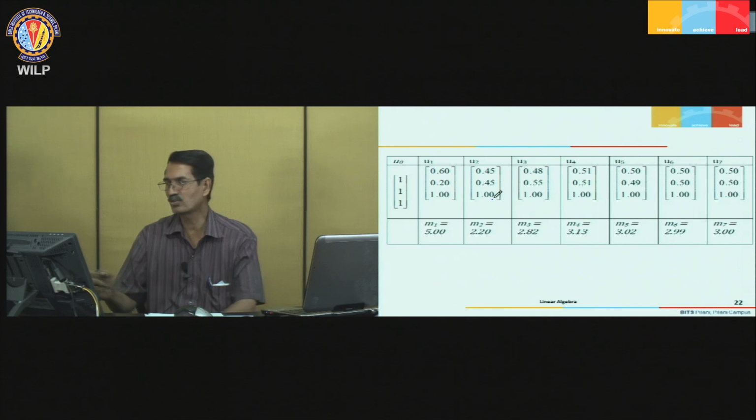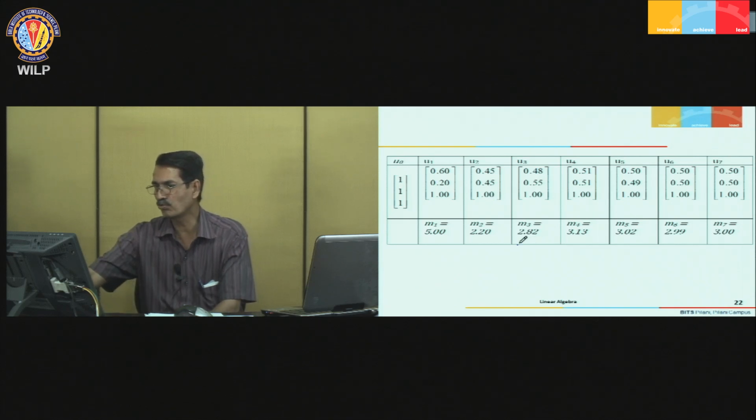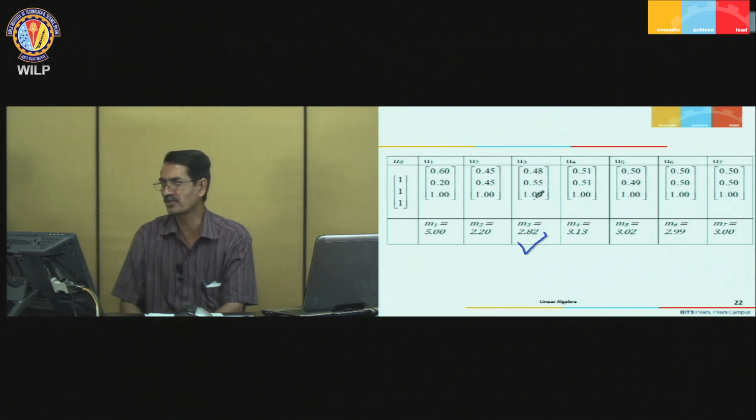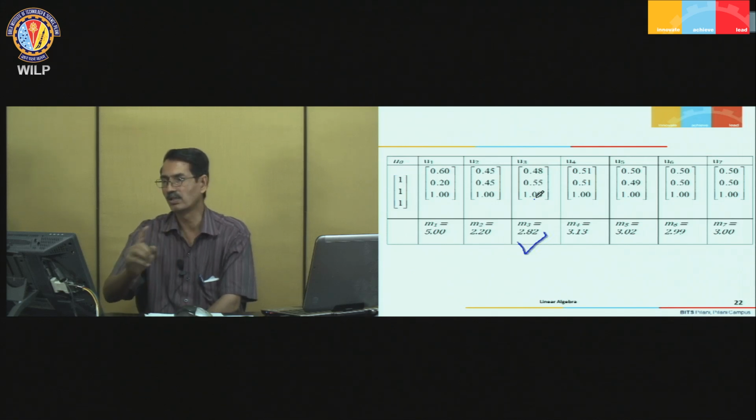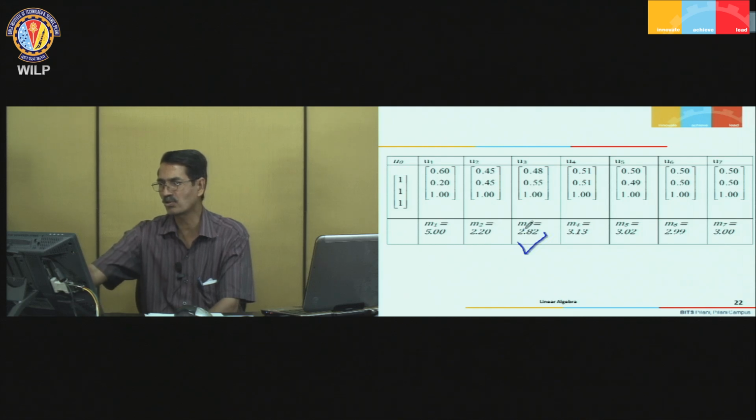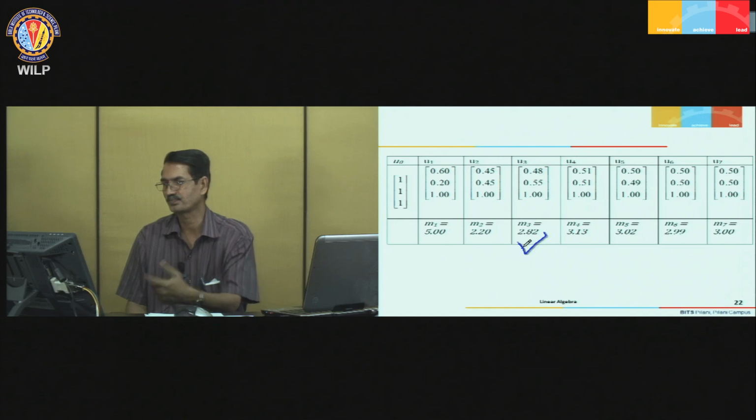In the third step, M3 will be 2.82 and u3 will be 0.48, 0.55 and 1.0. We shall stop the process when the change in the M's is negligible. Here M1 is 5.0, M2 is 2.20, M3 is 2.82. There is a big change, therefore we cannot stop the process.